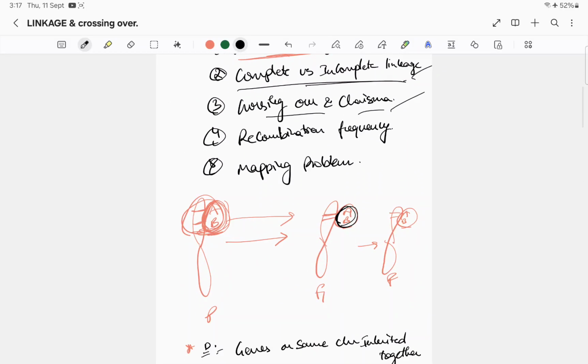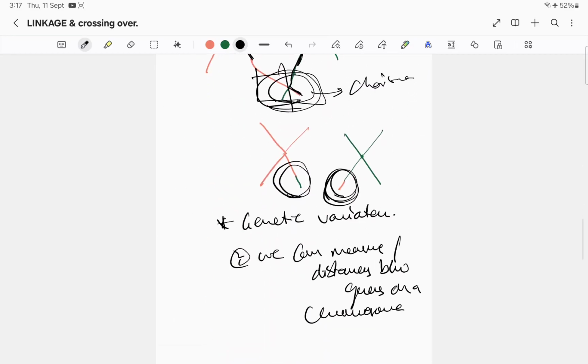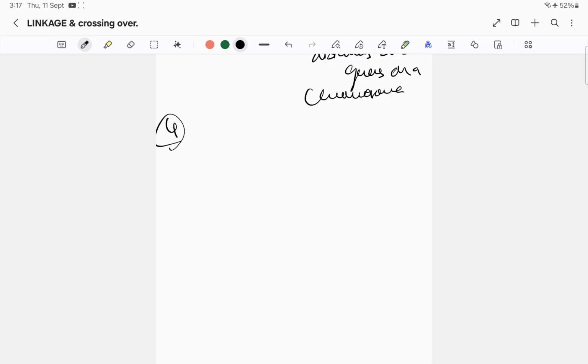Completed. Now next we will discuss recombination frequency and map units. Recombination frequency generally tells us how often recombinants appear among the offspring.